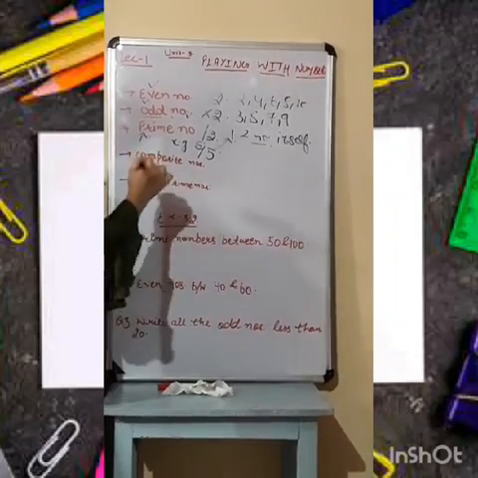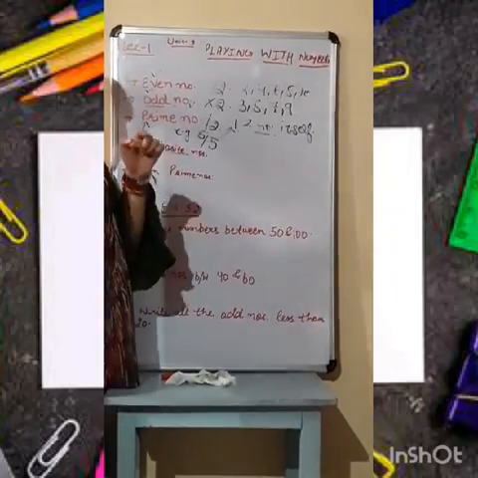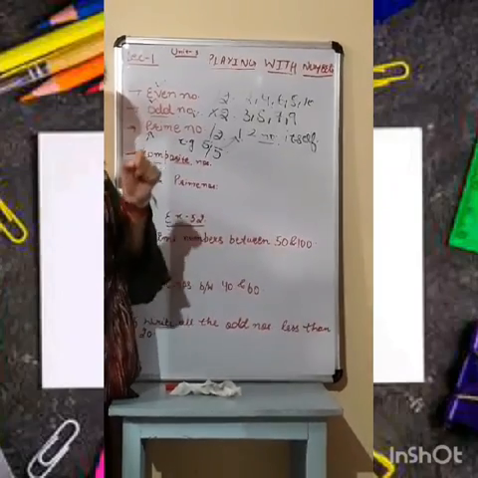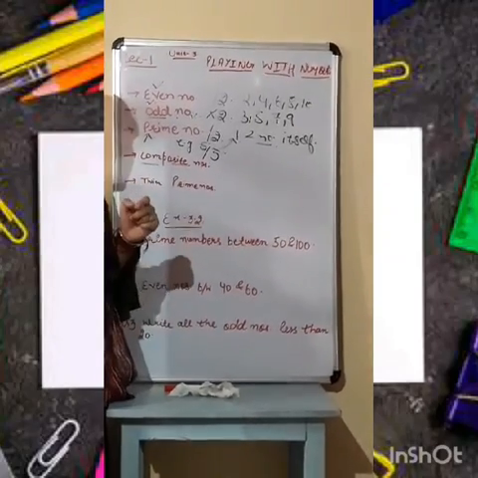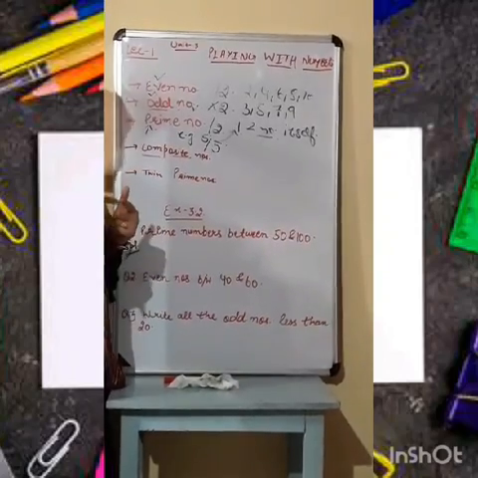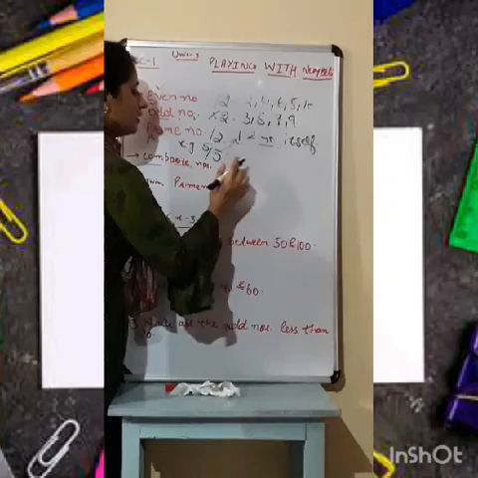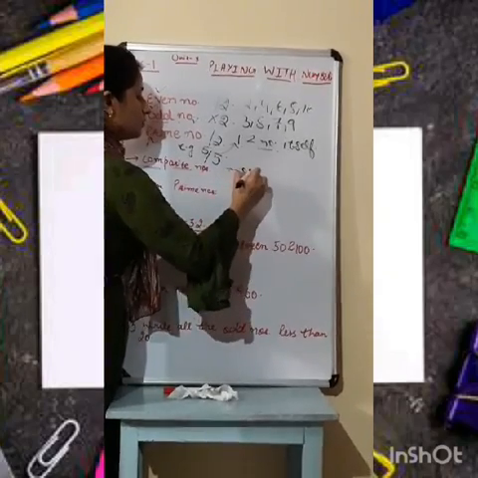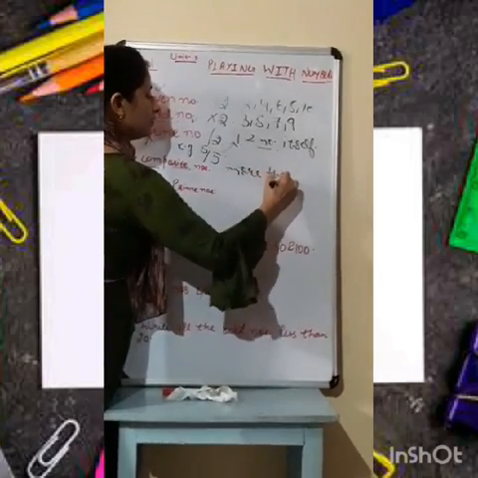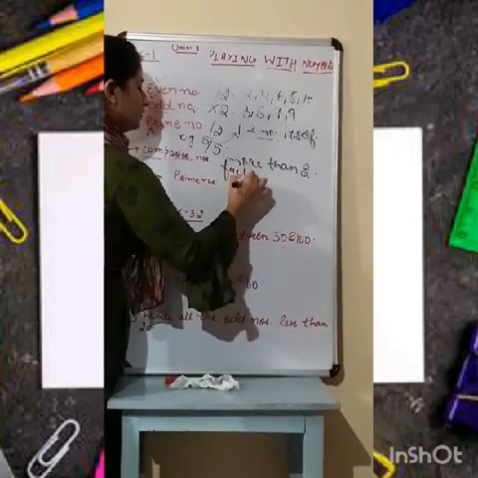Okay? Now moving on to your third definition, that is composite numbers. What was prime number? Prime numbers are those numbers which have only two factors. Now what are composite numbers? Composite numbers are those numbers which have more than two factors.